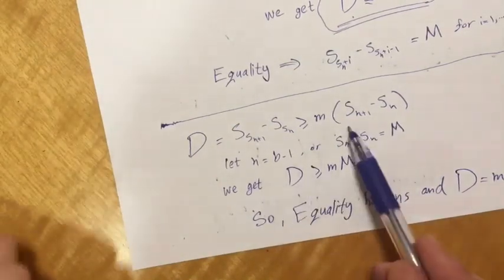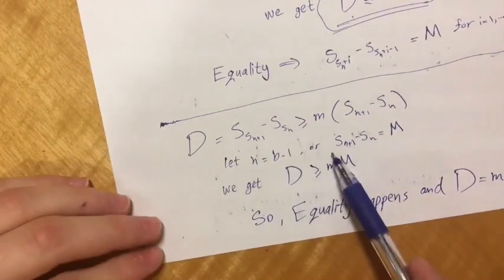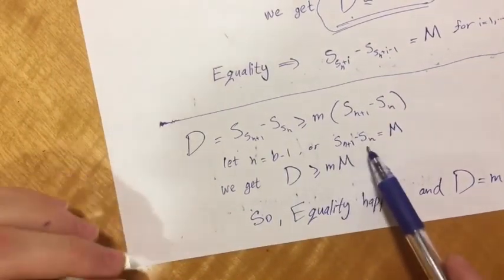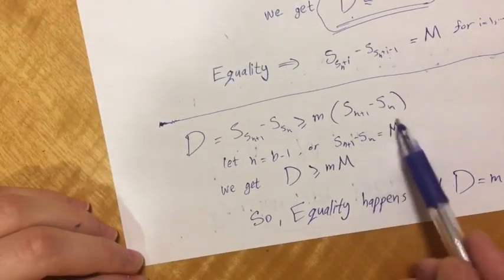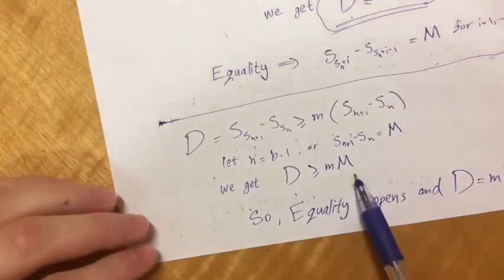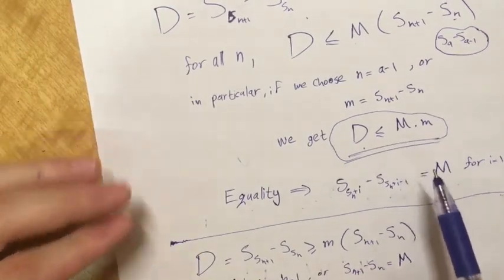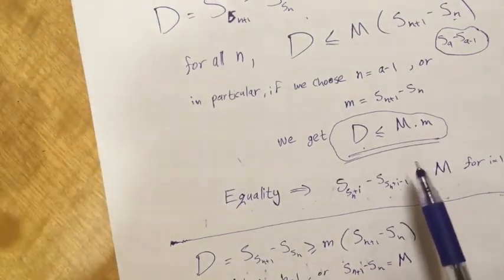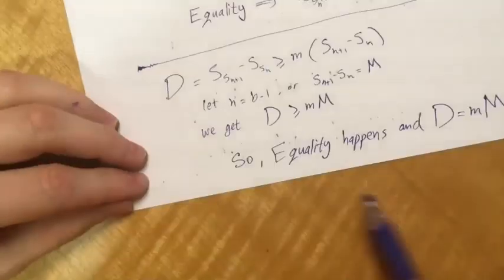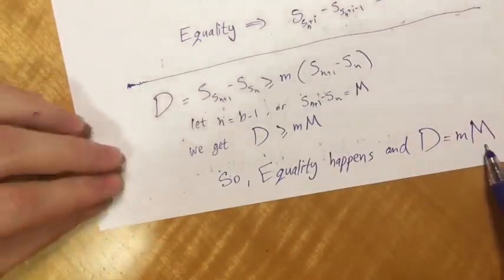Now if we choose n to be the maximizer of this expression, namely B minus 1, then S_{n+1} minus S_n is equal to the maximum possible value, capital M, and D is at least small m times capital M. Now keep in mind, this inequality along with the earlier inequality means equality has to happen. So equality holds, and also capital D is m times M.